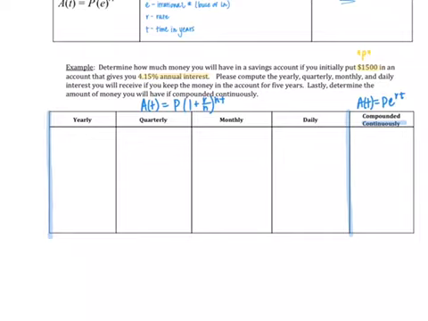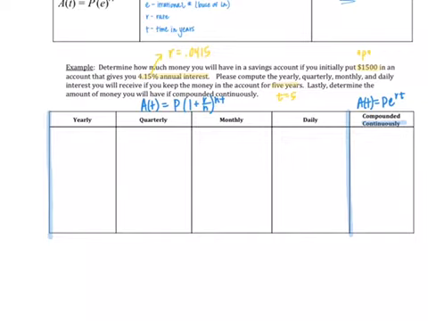That is giving me my R. My R is going to be 0.0415 because 4.15% as a decimal is 0.0415. Then it says that I'm keeping it in the account for 5 years. So 5 years, that's my time. T is 5.